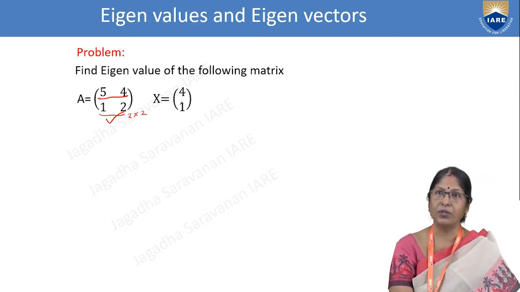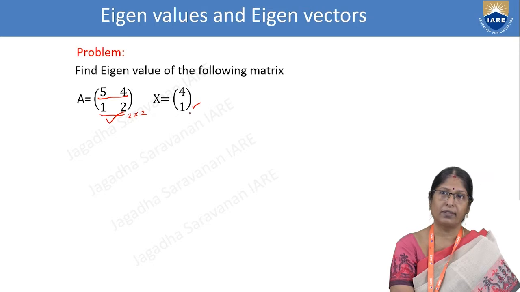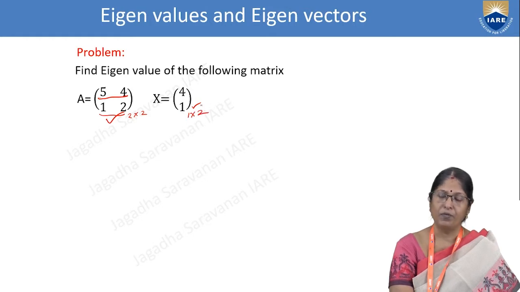Capital X is a column matrix. Column matrix means the matrix should have only one column, and so the order is 2 by 1. If it has only one column, we call it a column matrix.